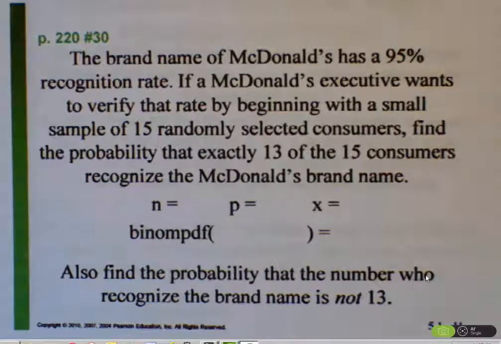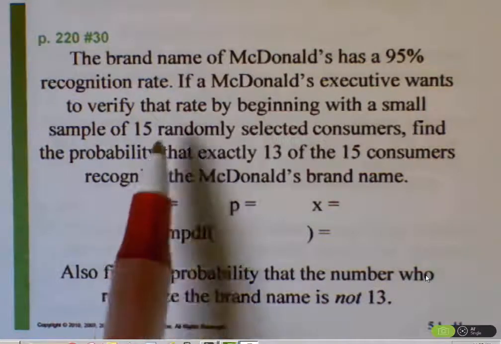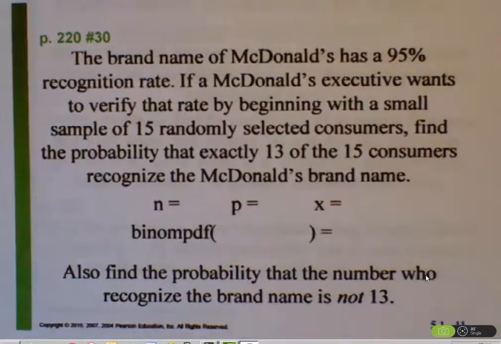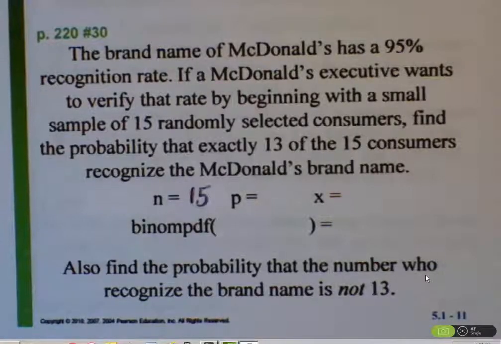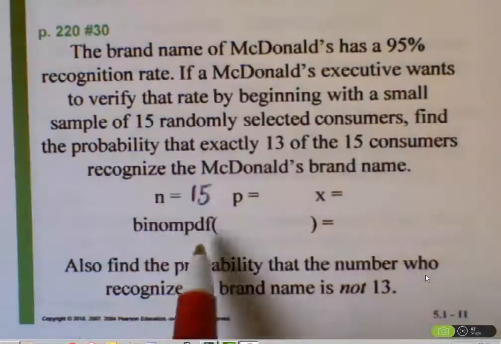All right, remember what these variables stand for. N is the number of trials, or the sample size in this case. We're talking about 15 people in the sample. I'm sorry, I can't get that to mute, but it will stop ringing in just a second.